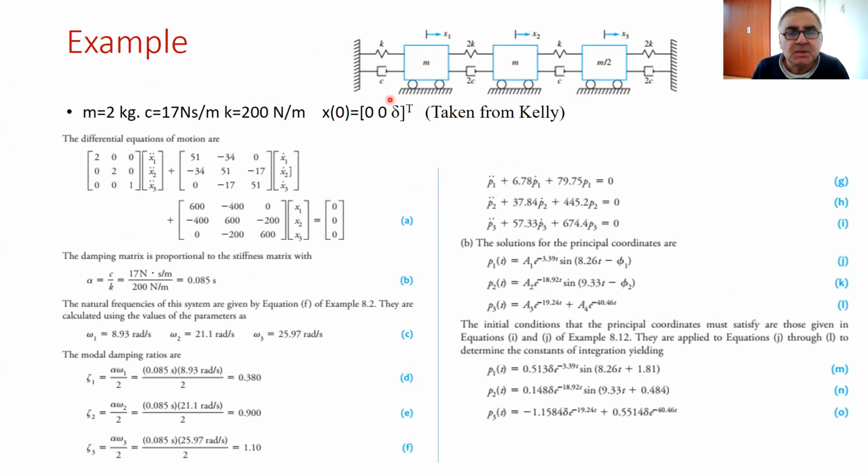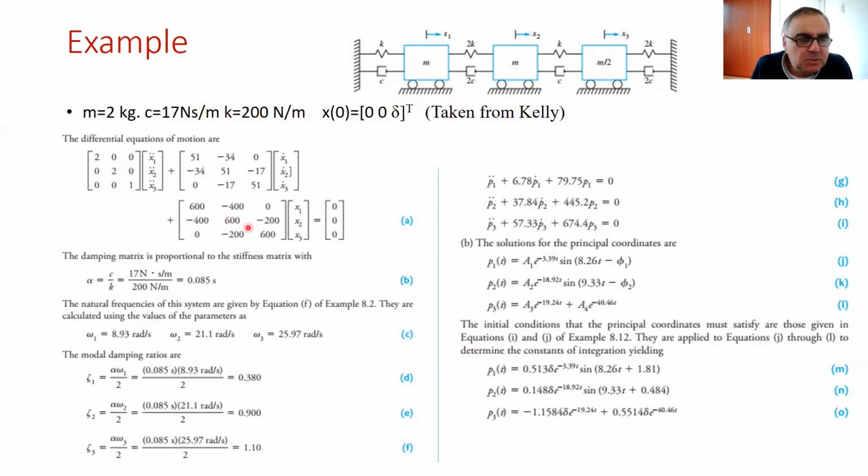So you have a system with 3 masses, 4 springs and dampers. And for some reason, the mass is 2 kilograms, the C is 17, and K is 200. And as you see, since the structure is very symmetric, you have 2K, 2C, K, C, 2K, 2C, etc. This can be represented by proportional damping.